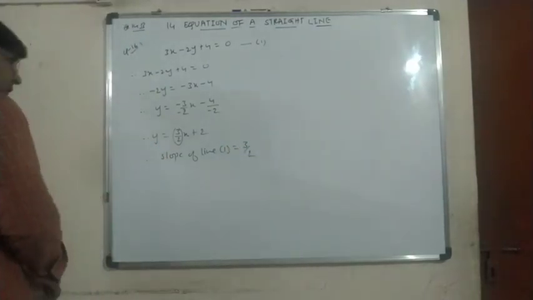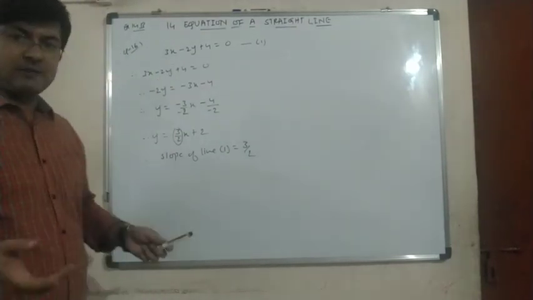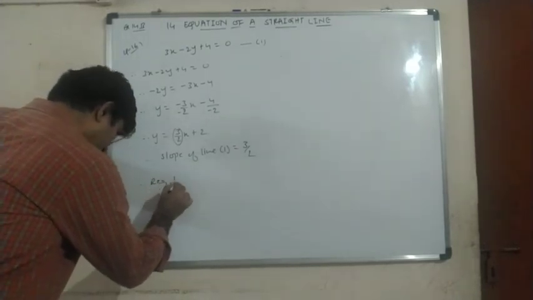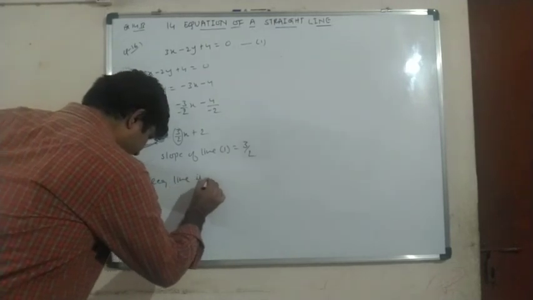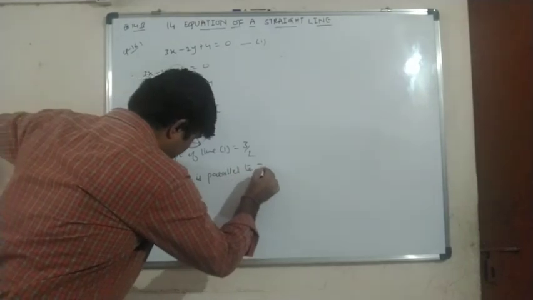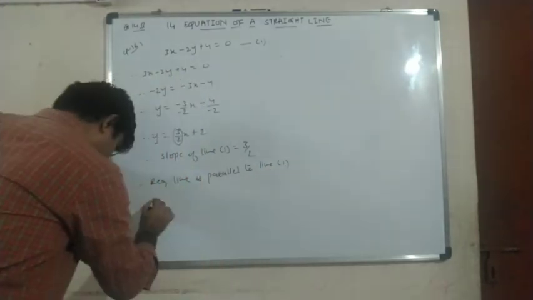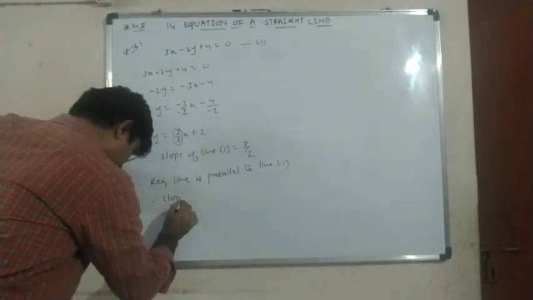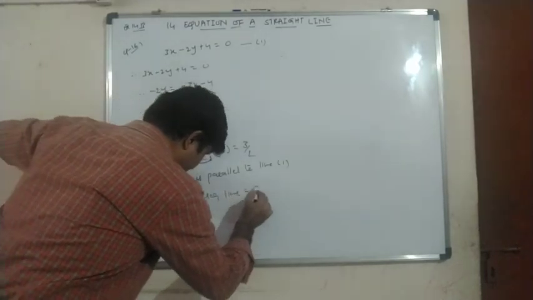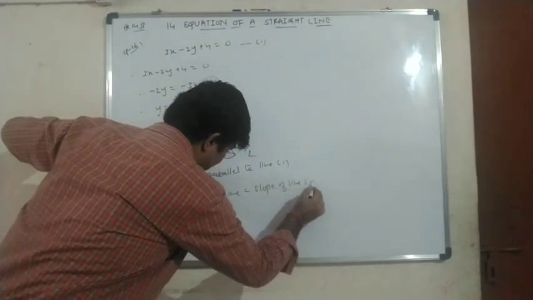Okay, now it is given that the required line is parallel to the given line and therefore their slopes will be equal, yes or no? It is given that the required line is parallel to line 1 and therefore the slope of the required line will be equal to the slope of line 1.